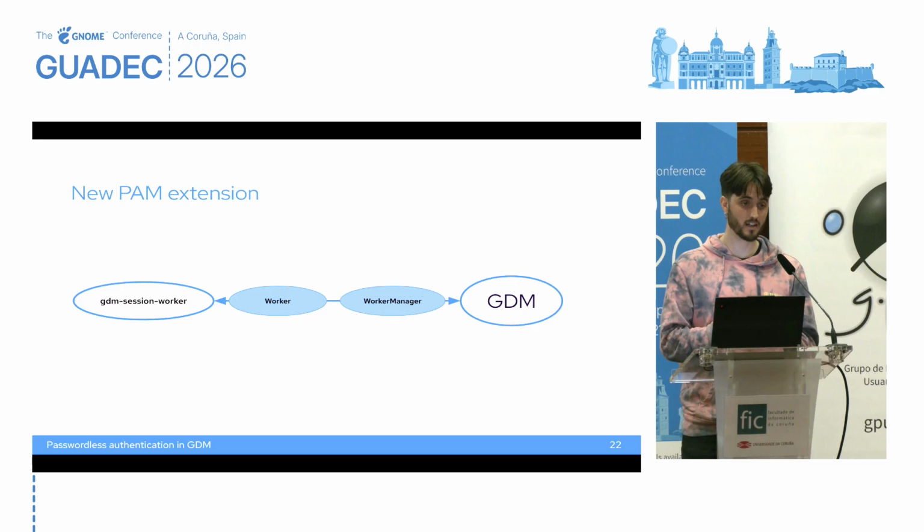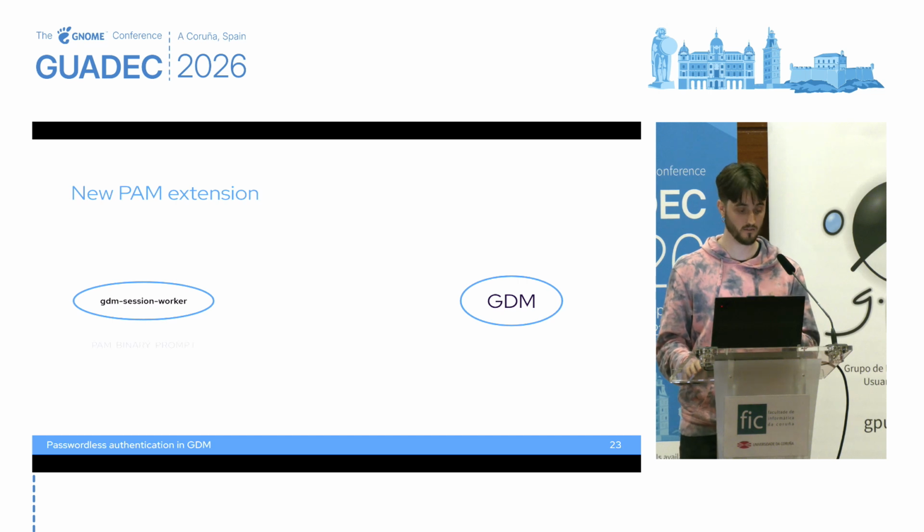So going back to the communication that we were having with GDM and the session worker, now the session worker can receive the PAM type PAM binary prompt, and it will parse this message. And it will detect, oh, this is an extension message of custom JSON type.